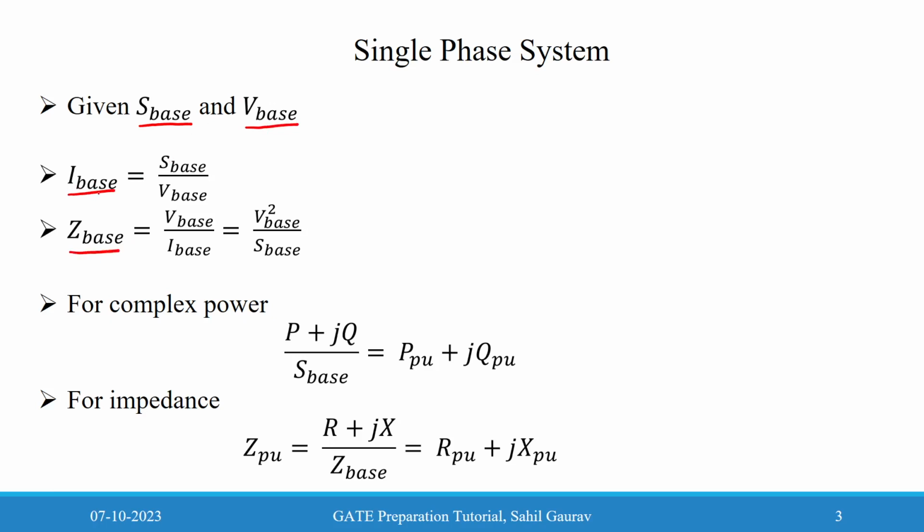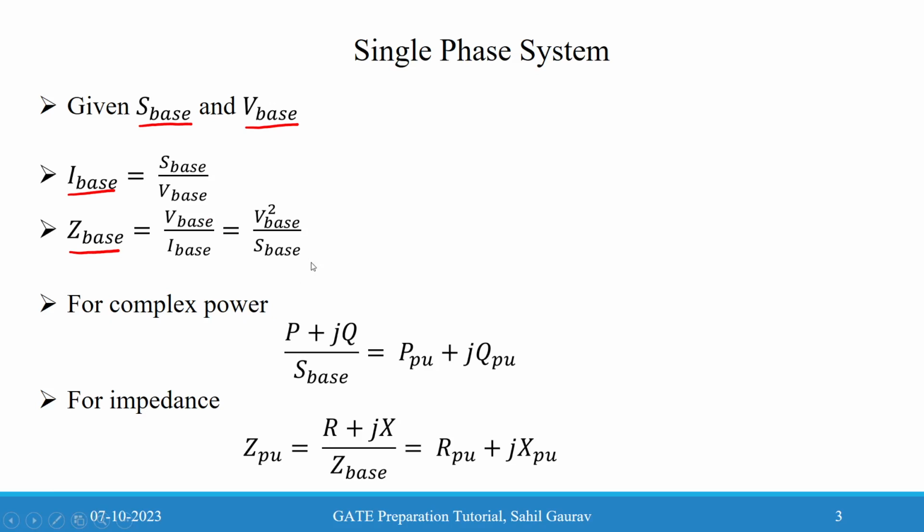So how can we find the base current? It is simple. You have to divide the apparent power base by the voltage base. And you can find the base impedance as well. As we all know, V base divided by I base is equal to Z base, so putting the value of I base from the top expression, you will get V base square divided by S base.